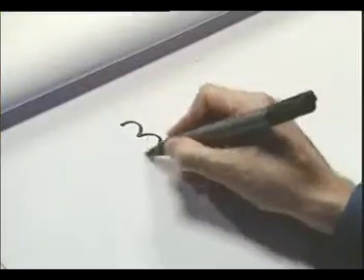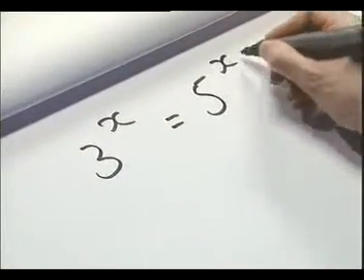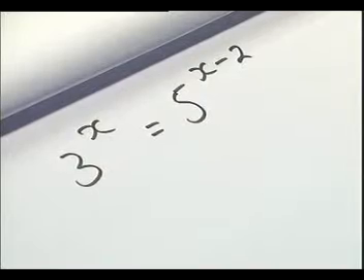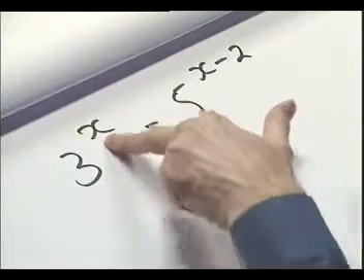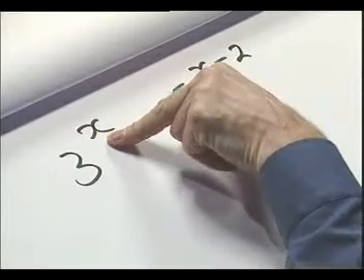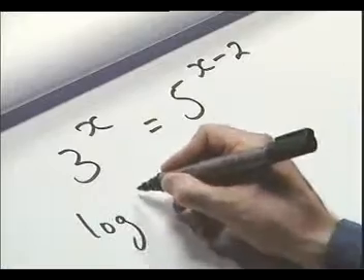Let's just have a look at one more example. If we have 3 to the x is equal to 5 to the x minus 2, what then? Again, the unknown is x, and again, it's upstairs, so to speak. It's in the index, in the power. And we need to bring it back downstairs to the normal level. So again, we'll take logs of both sides.